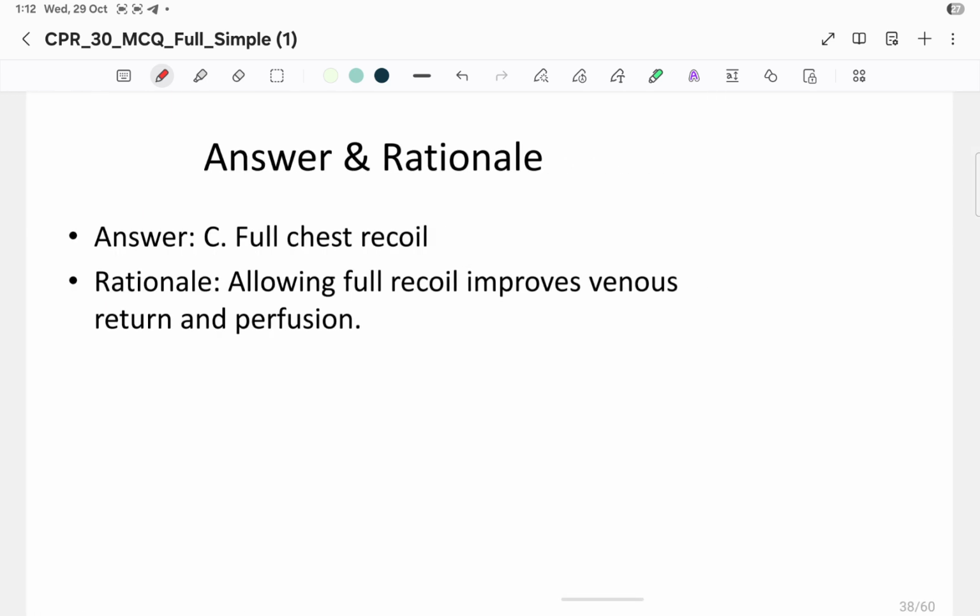Clear? Allowing the chest to recoil completely improves venous return and perfusion.